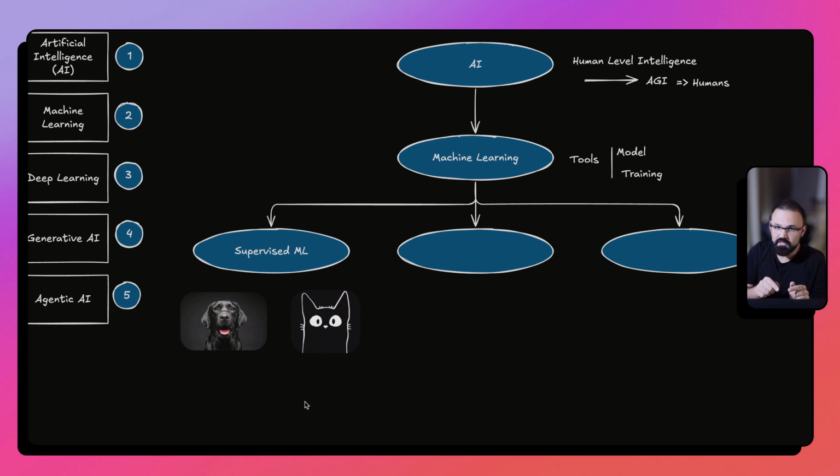But to achieve that level, you need to train your machine learning model, and in this case, you supervise. How do you supervise? You give a list of training data, and you label images of dogs as dog, and then images of cats as cat.